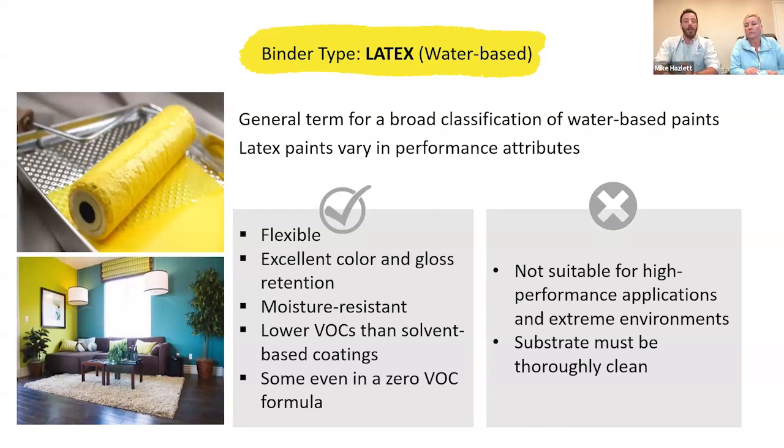And we're accomplishing that now with the newer paint technologies. Not exactly suitable for high performance. I wouldn't go painting maybe a water tower or some type of industrial piping or factory equipment with just a latex water base. You want to make sure it's very clean. So again, addressing that clean, dry, dull principle will be vital for a good water-based coating.